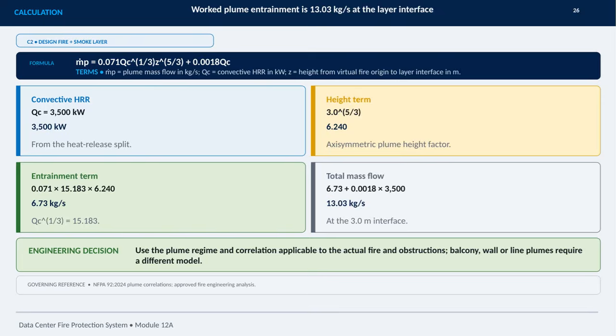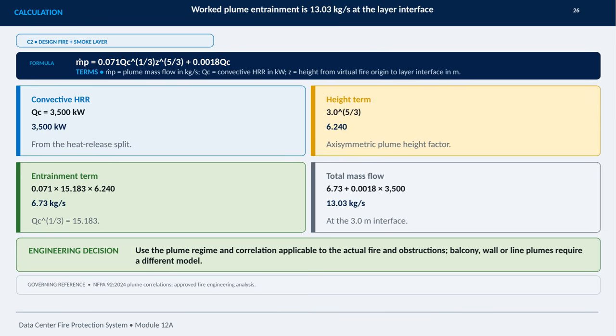This calculation determines the plume mass flow at the smoke layer interface, using the selected plume correlation. The governing equation combines 2 effects: the convective heat release rate and the height from the virtual fire origin to the interface. Here, the convective heat release rate, QC, is 3,500 kilowatts, based on the heat release split.